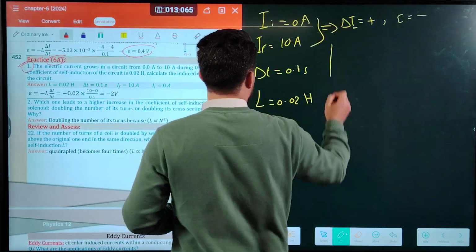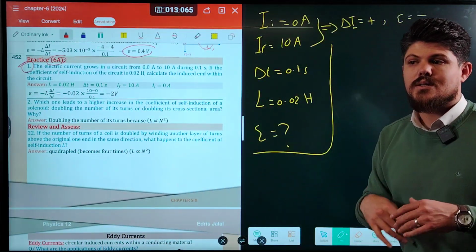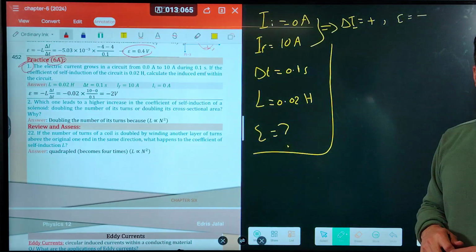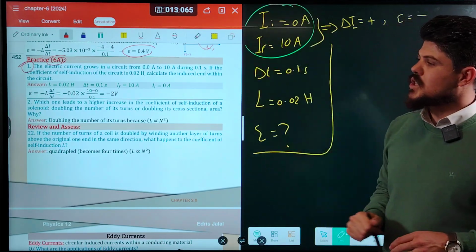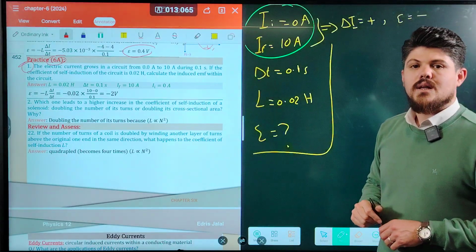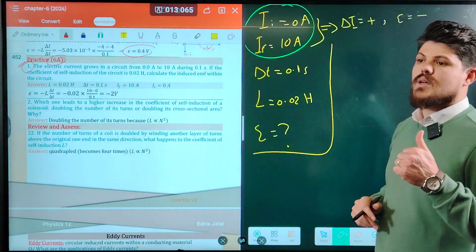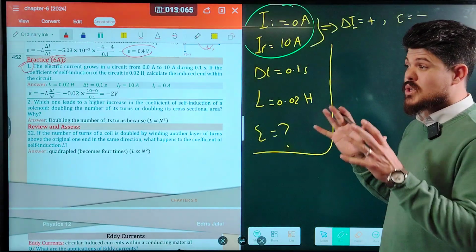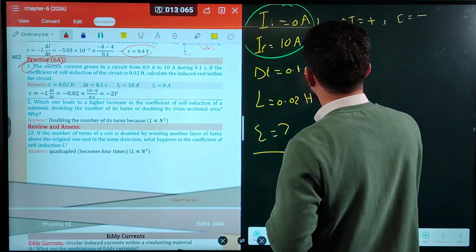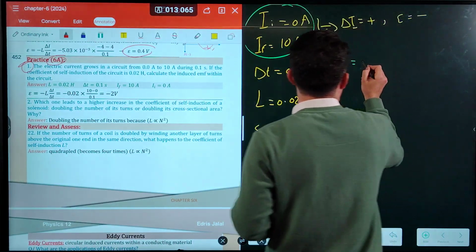because in this circuit the current is changed. That is why we have to use the equation of self-induction. What is changed here? Current. By changing the current, the induced current is created in the circuit. So we have to use the equation of self-induction. EMF is equal to what?